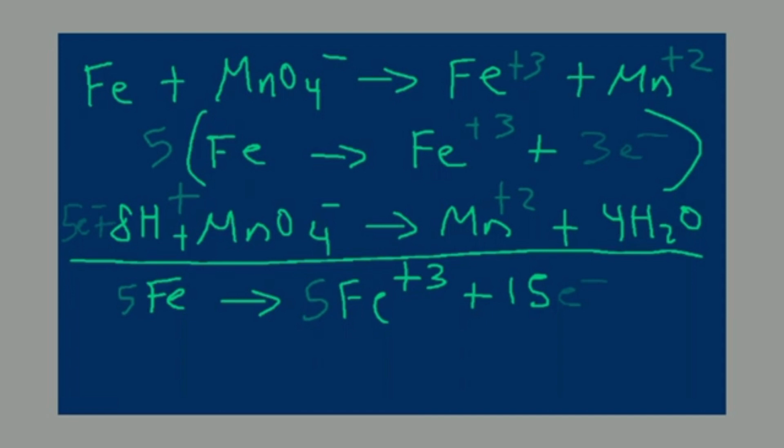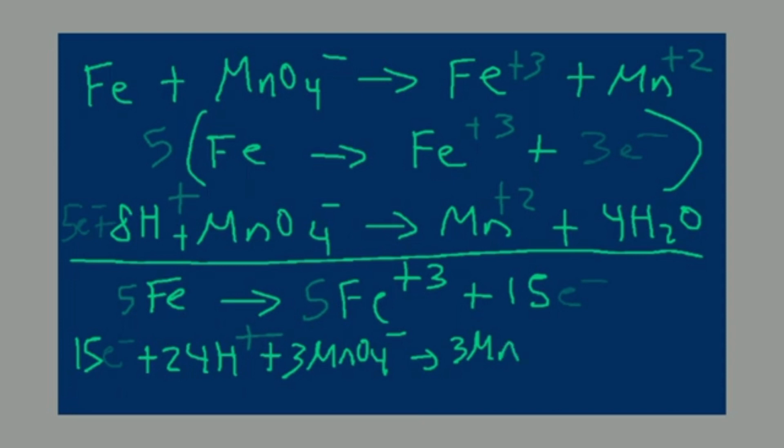Now for the second one, if we multiply everything by 3, we're going to have 15 electrons. 8 times 3 is 24, so 24 H plus ions, 3 permanganate ions, 3 of these as well, and then 4 times 3 is 12, so we need 12 H2O molecules.